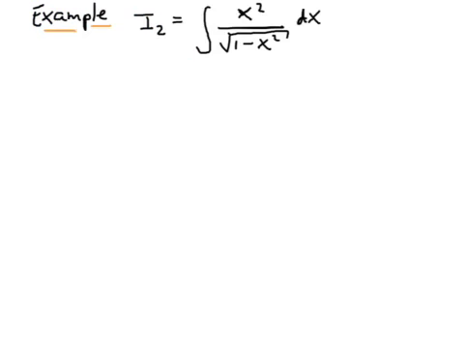So in our second example, we again have a square root factor, root 1 minus x squared. We look at the integrand and we think that a sine substitution might be useful. So we say, let's try x is equal to sine u as a substitution.